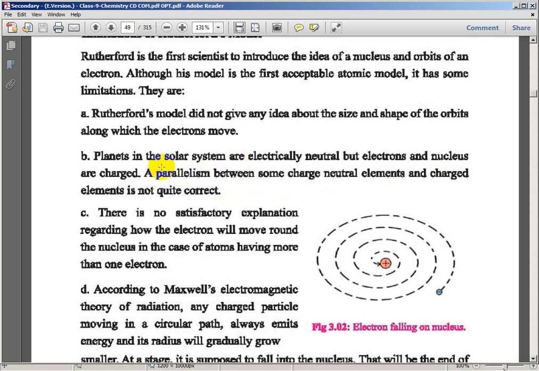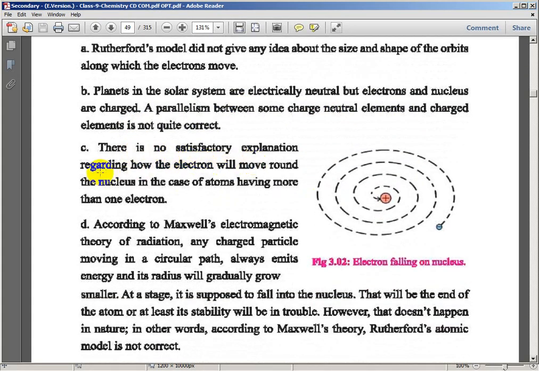The planets in the solar system are electrically neutral, but electrons and nucleus are charged, so this parallelism is not quite correct.